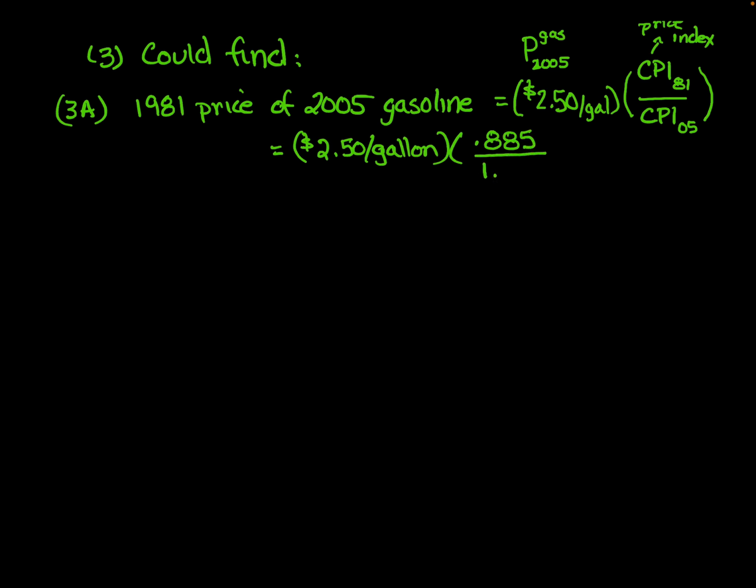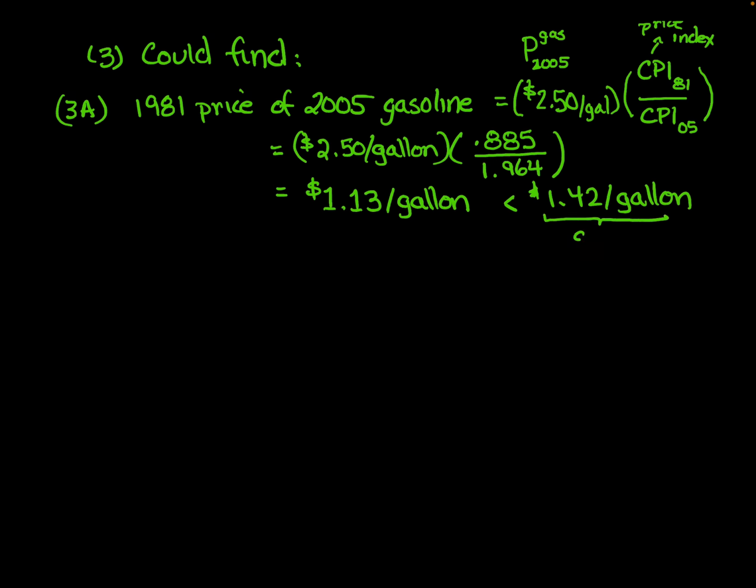So this would be 1.964. And if you do that calculation, that comes out to be $1.13 per gallon, which is less than the actual price of $1.42 per gallon. So this would be the actual 1981 price.